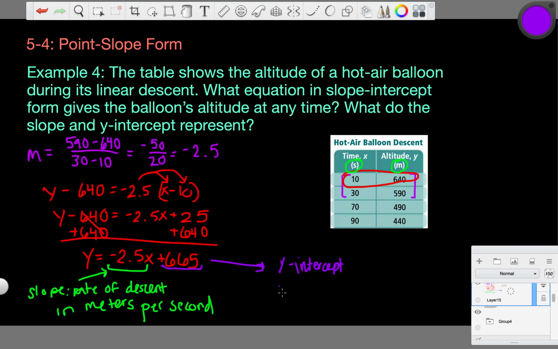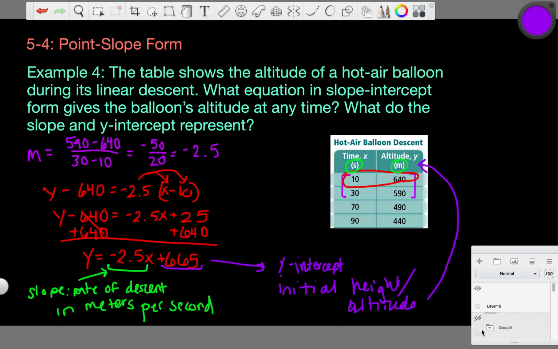So we can call this the initial height, or that's supposed to be a slash, height or altitude, because that's our y-intercept. So our initial height or altitude.